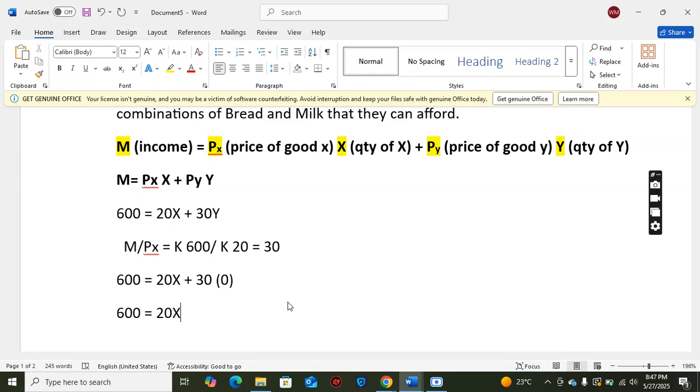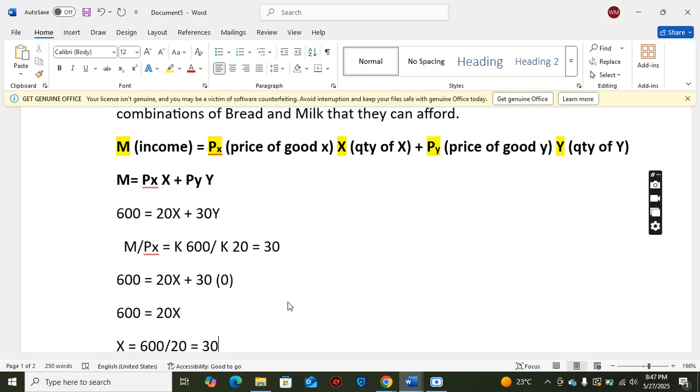Then just find the value of x. To get the value of x, again, it's 600 divided by 20, that's 30 units. Because before you think of any combinations, know what the maximum amount of one good you can get.